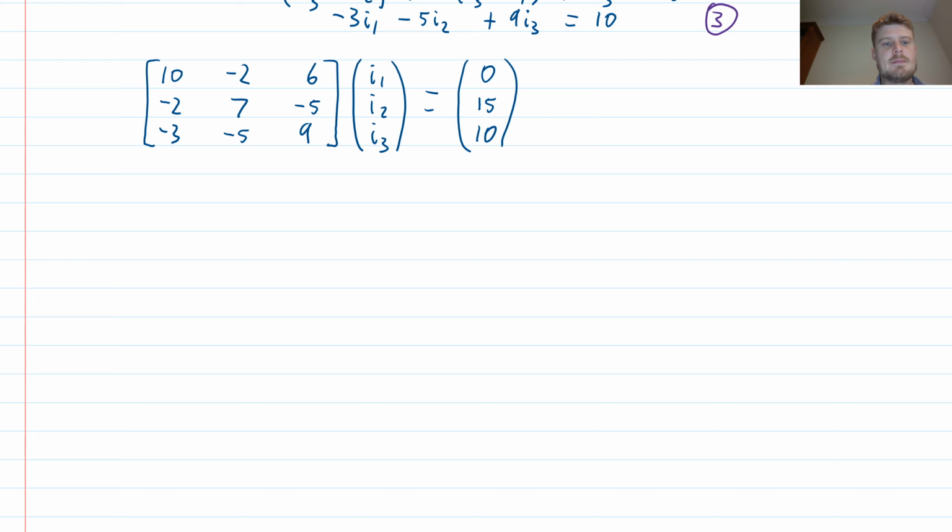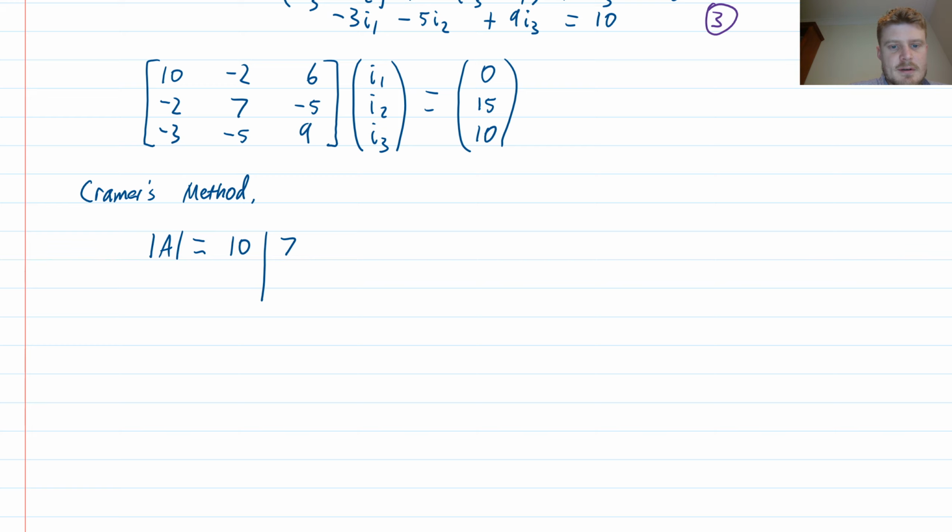So to use Cramer's method, here's what I need. I need to calculate matrix determinants of two matrices. So I need to know the determinant of this A matrix. So the determinant of that matrix will be as follows.